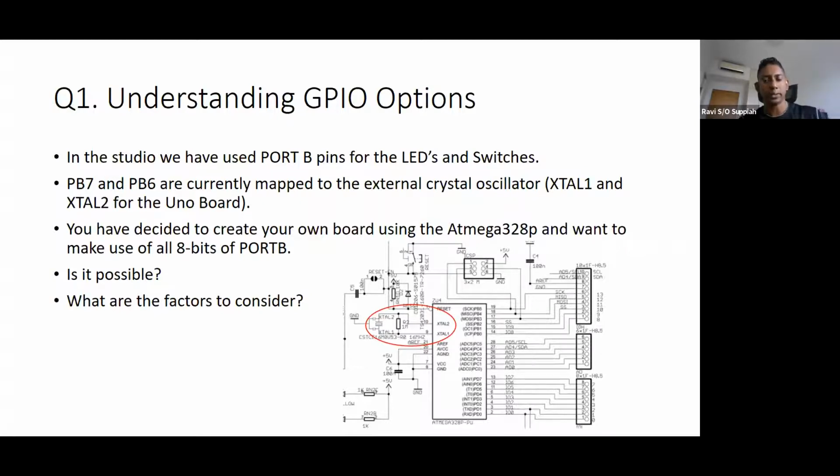Okay, so in the ATmega, in the Arduino Uno development board that you have, that board is already mapped in a certain way. Okay, some of the pins. All right.